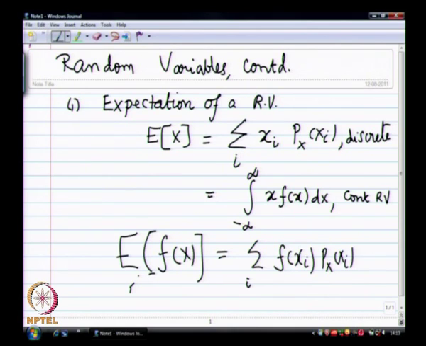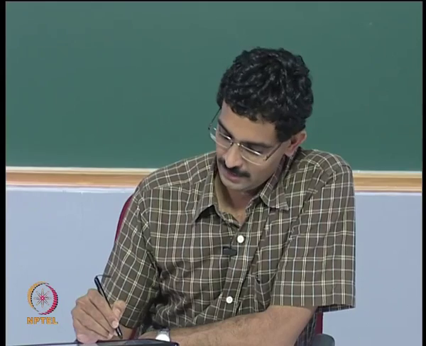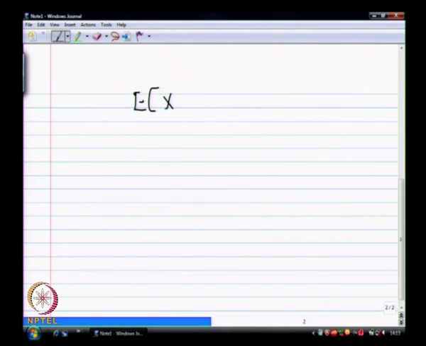That is again a definition, sometimes we will use this later on as needed. Then we have this special case, e of x squared, the expectation of a function f applied to the variable x. So in this case x squared is a function.